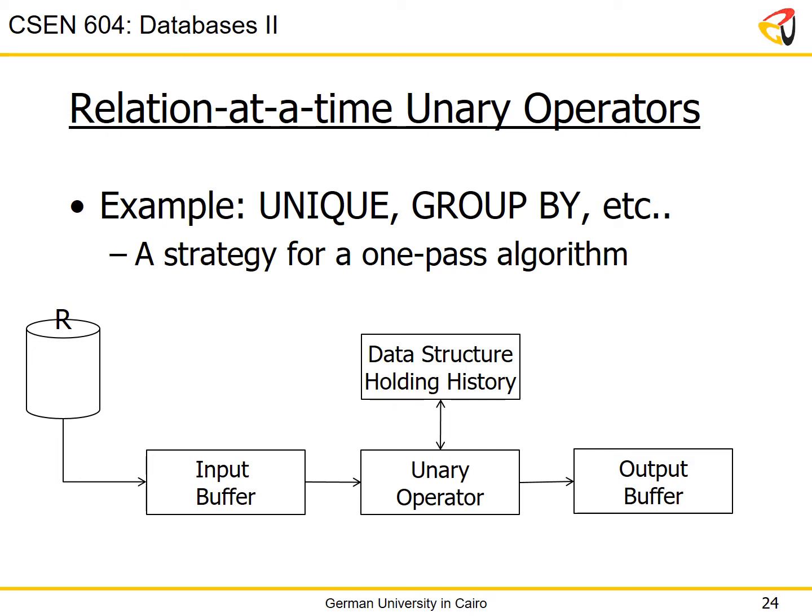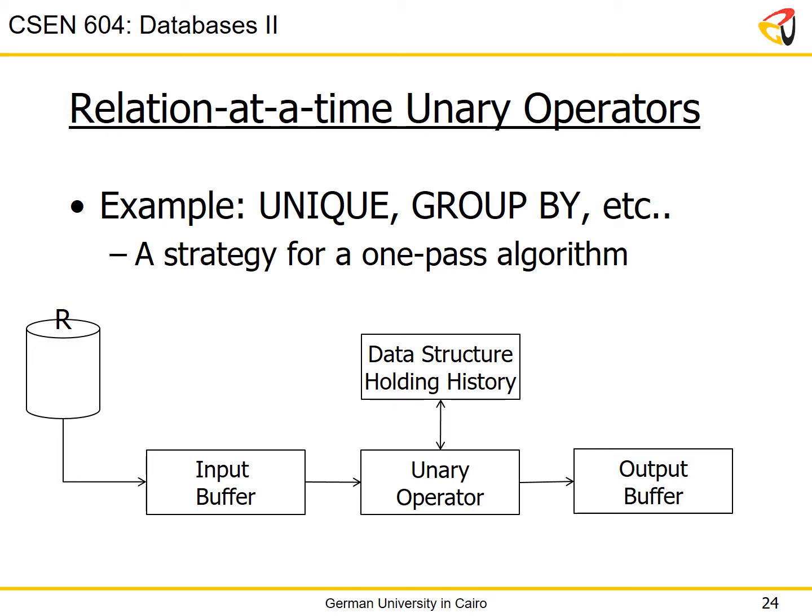So there is no way the operator will give you an answer until it sees the last row in the last page in this relation. Consequently, this operator is always slower than tuple at a time, because it's going to wait for the last row in the table to start giving you any result. Now, these guys could be done also one pass.